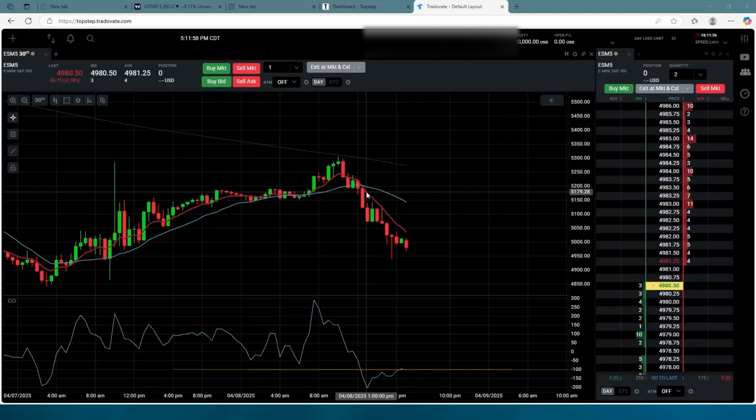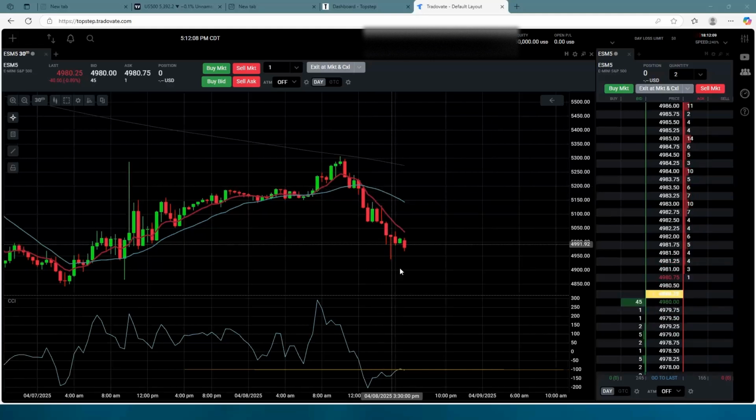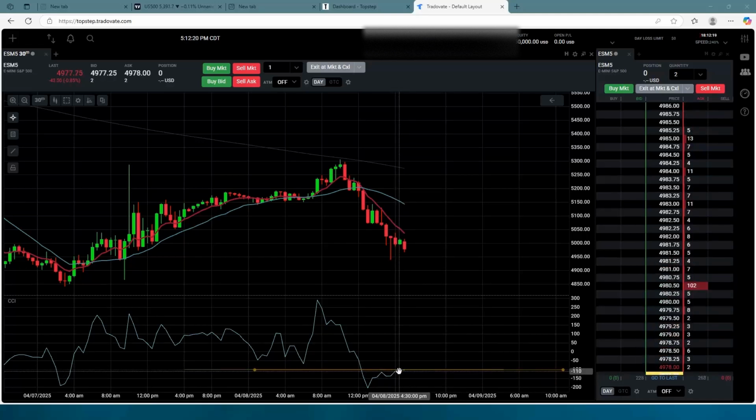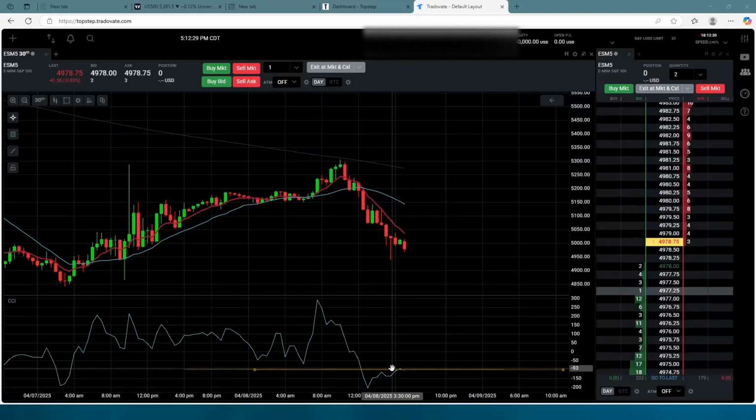All right, so we're going to take a look at a few things. First thing is we're going to go to the CCI. Now the CCI, which is this thing right here, looks just like the RSI. However, it has not just the relative strength, it also has the momentum as well.